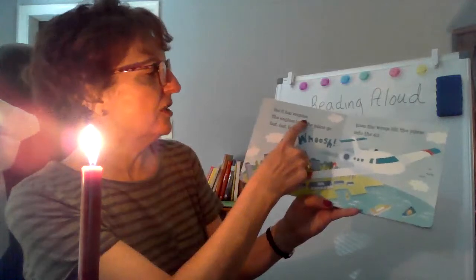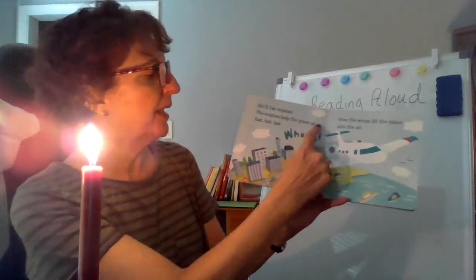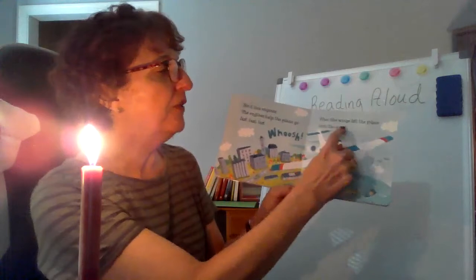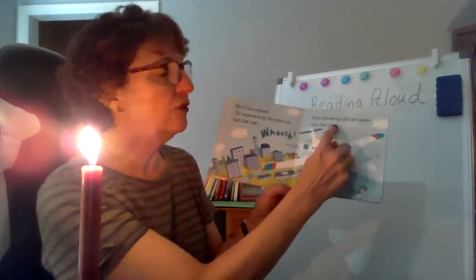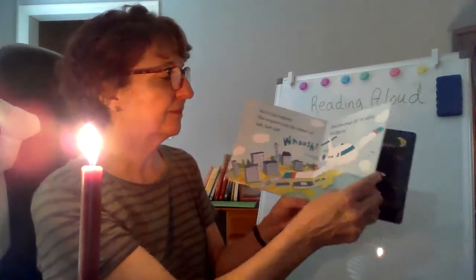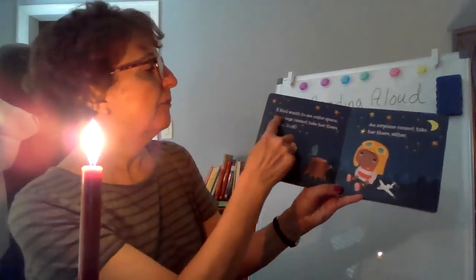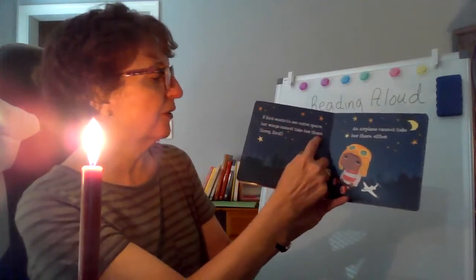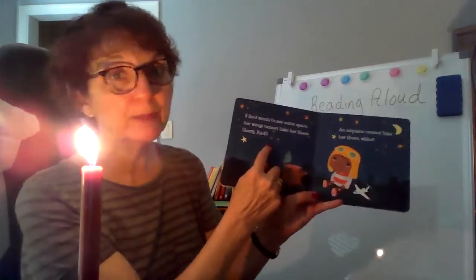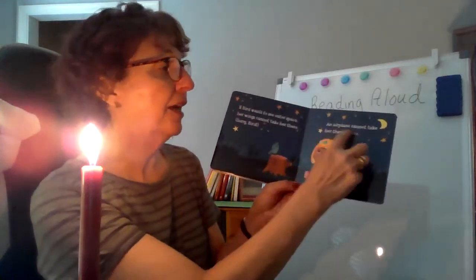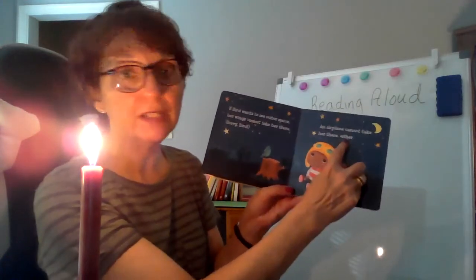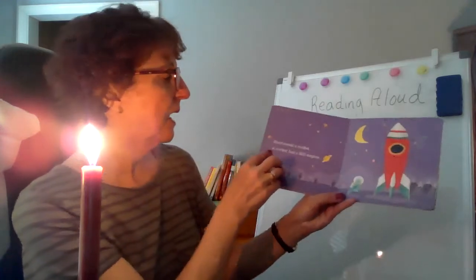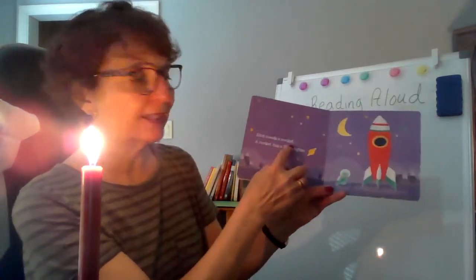No, it has engines. The engines help the plane go fast, fast, fast. Then the wings lift the plane into the air. If bird wants to see outer space, her wings cannot take her there. Sorry, bird. An airplane cannot take her there either. Bird needs a rocket.